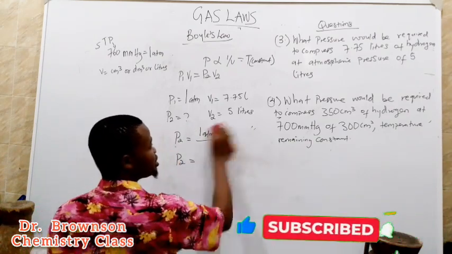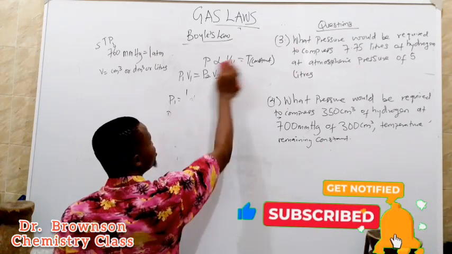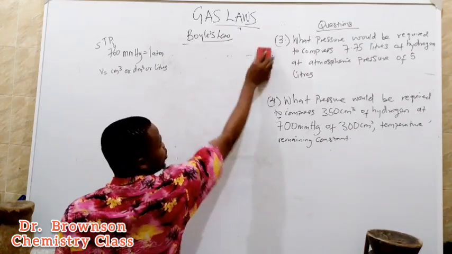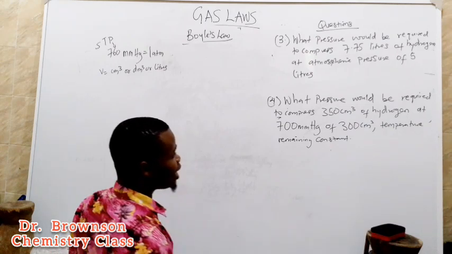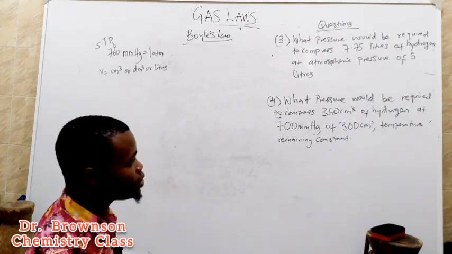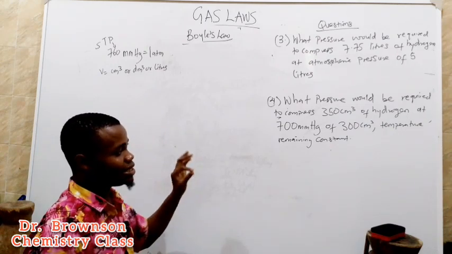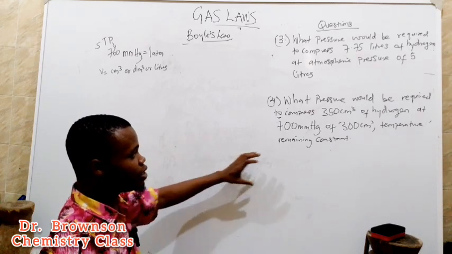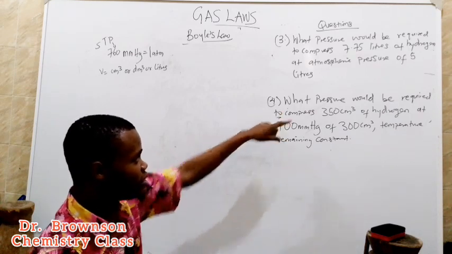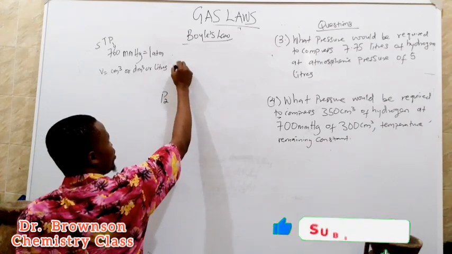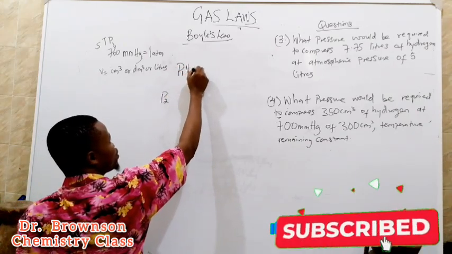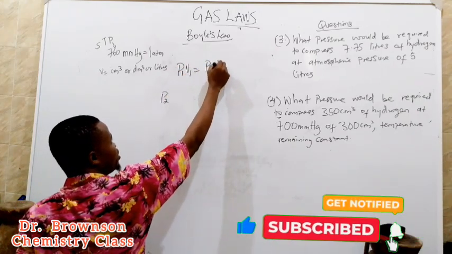Question number 2 states: what pressure would be required to compress 350 centimeter cube of hydrogen at 750 millimeter mercury to 300 centimeter cube, temperature remaining constant? What pressure again? That becomes our P2. Remember our formula, P1 V1 equals P2 V2.